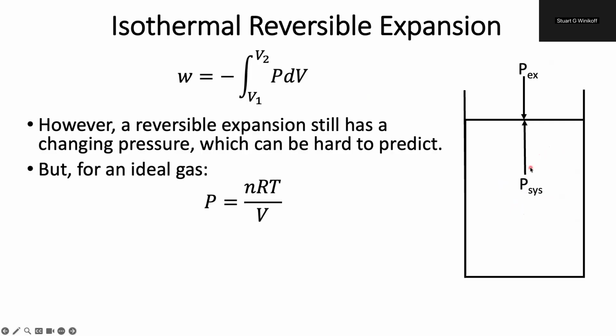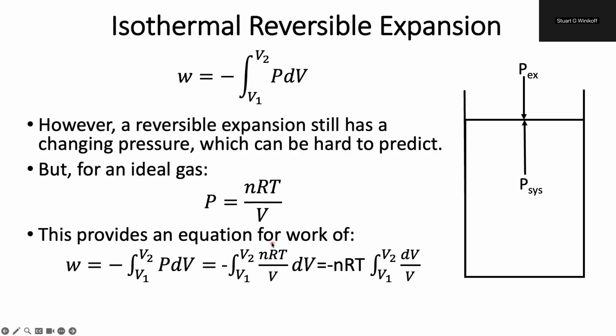Our go-to favorite is usually going to be the ideal gas. So now we know that the ideal gas is going to be related to the moles, the temperature, and the volume. And congratulations here. Now we have a volume dependency of the pressure. We know exactly how this pressure changes with volume. As the volume decreases, the pressure is going to increase. And there we go. So now we can insert our ideal gas equation or any equation of state that you wish into our work equation.